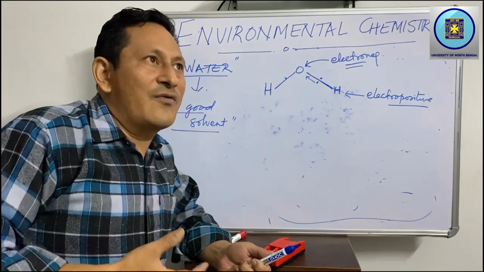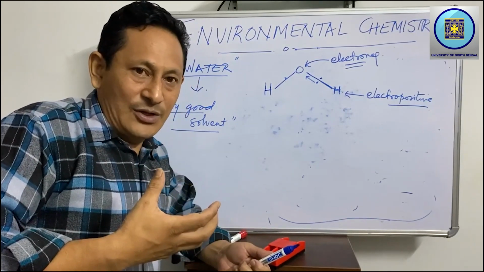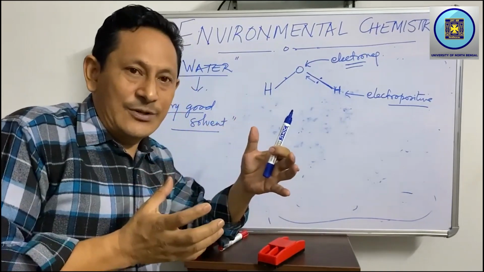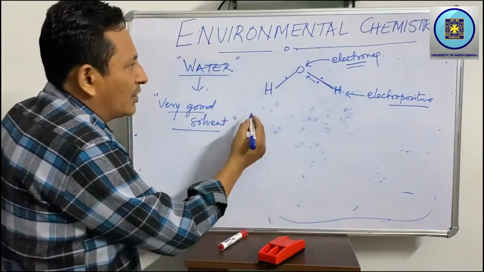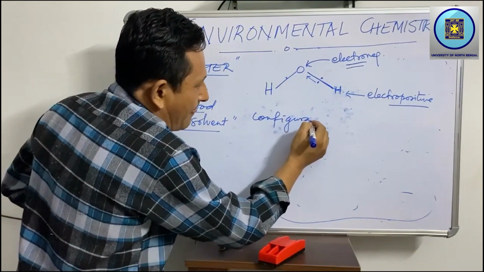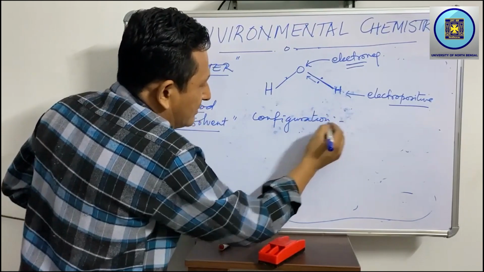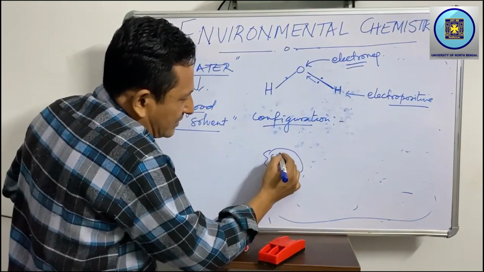Electronegativity is an intrinsic property that's inherent in the atom or the element, because of its configuration. Now you might be wondering again what configuration is. Fine, I'll give you an example. Let's take the case of a hub, say a city center.